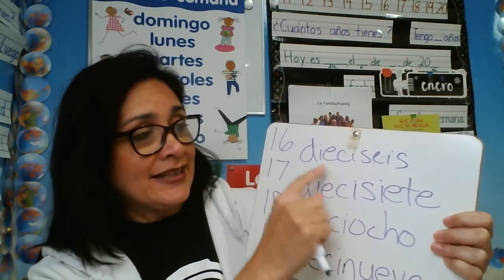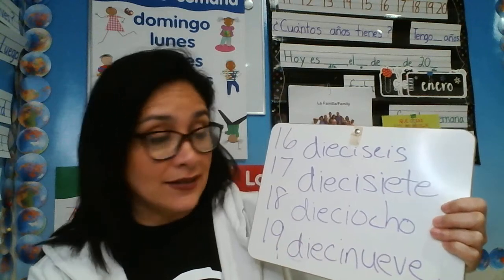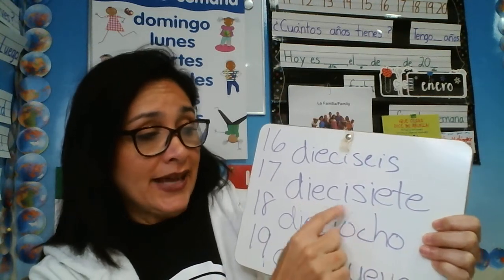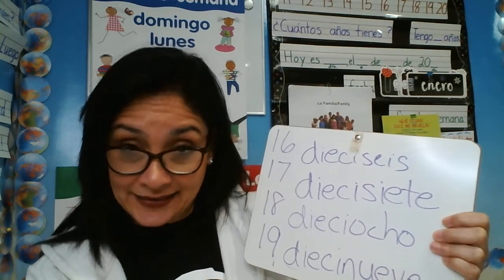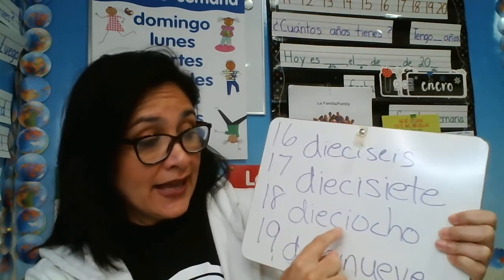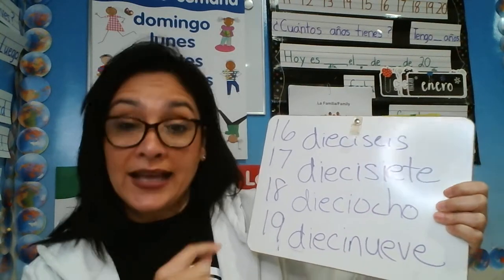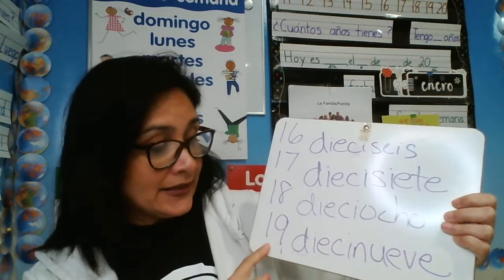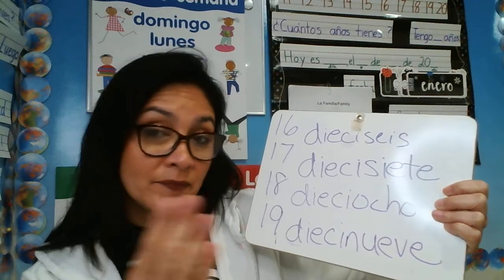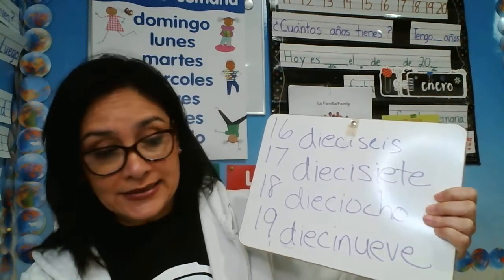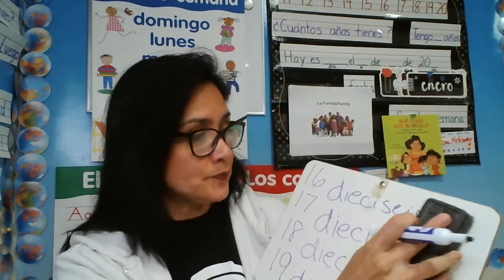So for 16, 10 y 6, 10 and 6, which is 16. For 17, 10 y 7, 10 and 7, 17. 18, 10 y 8, 10 and 8. 19, 10 y 9, 10 and 9, 19. So that is a pattern for 16 through 19.